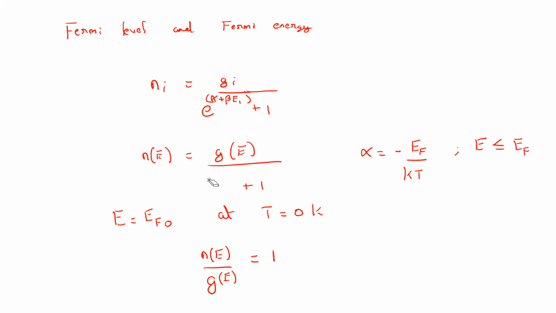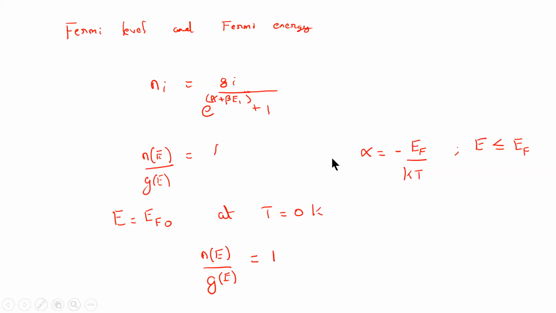So this term will become 0. So you have n of E is equal to g of E, or otherwise you can say n of E by g of E is equal to 1. So this was the condition.